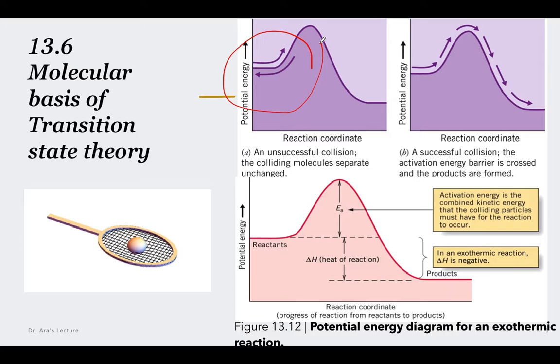If we have energy but it is not sufficient, that is also a leading reason the reaction cannot move on, and it can be deformed or unstable, not in the correct path. If it is a successful collision, the activation energy barrier is crossed, they overcome all those barriers, and they move on. This is their right path.